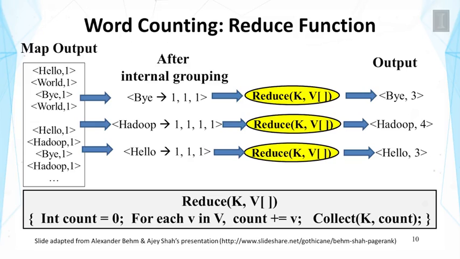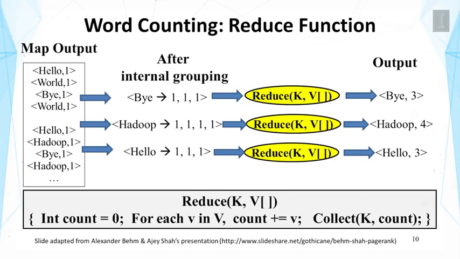Similarly, we do that for other words, like Hadoop, hello, etc. So each word is now attached to a number of values, a number of counts. And these counts represent the occurrences of this word in different lines. So now we have a new pair of a key and a set of values. And this pair will then be fed into a reduce function.